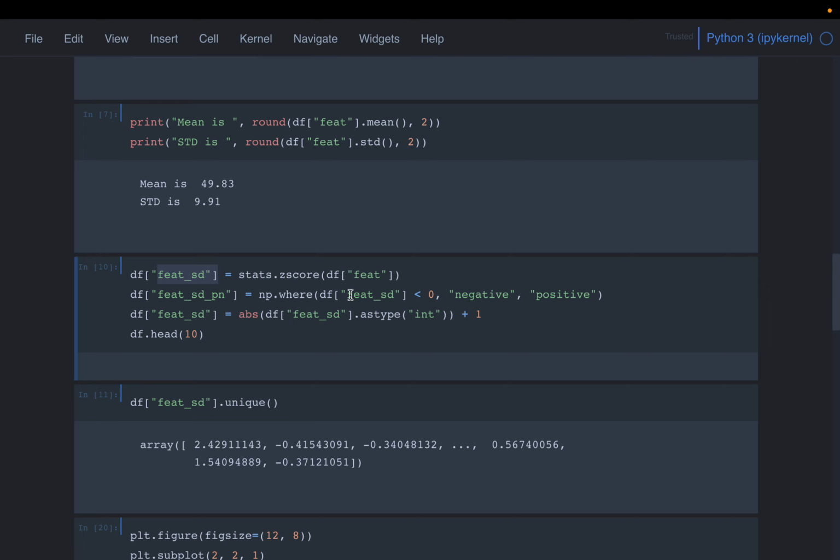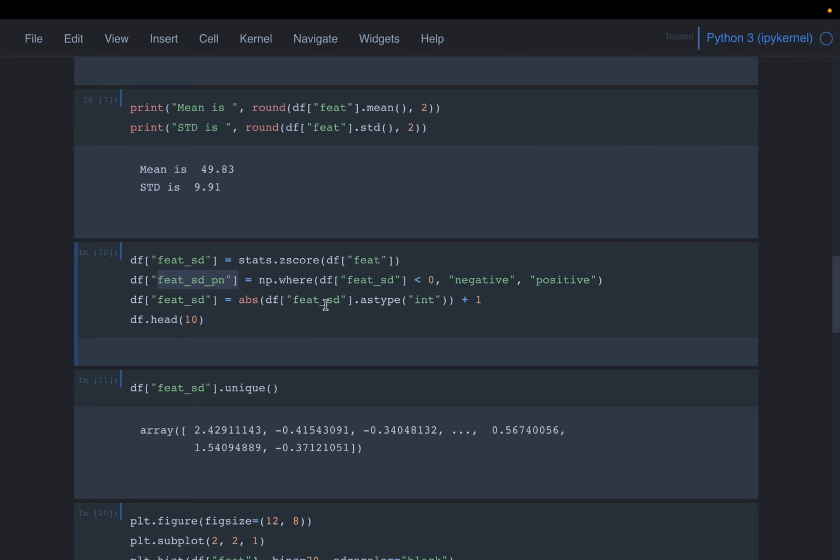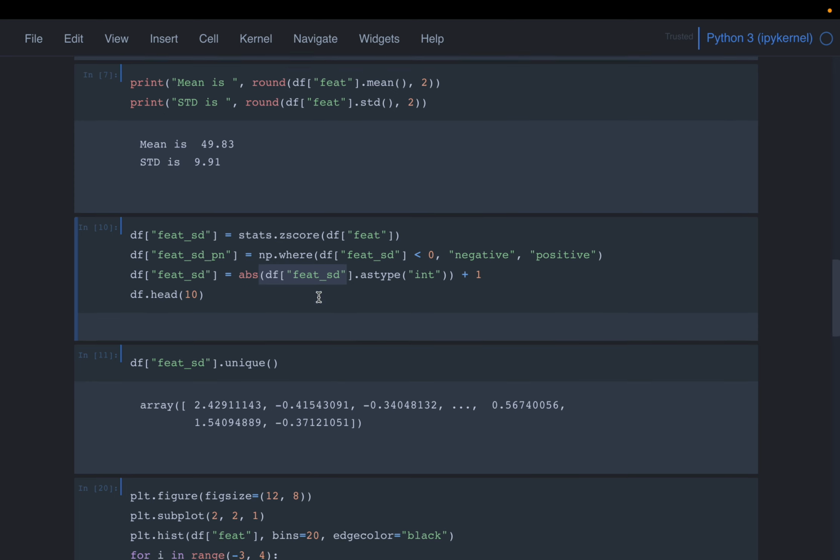As I mentioned, it takes a negative sign if it is on the left, positive sign if it is on the right. So here we are computing whether it is on the left or right, positive or negative, using the NumPy sign function. And then finally, we are taking the absolute value of the z-score, because we are only interested in how many standard deviations away, not the sign.